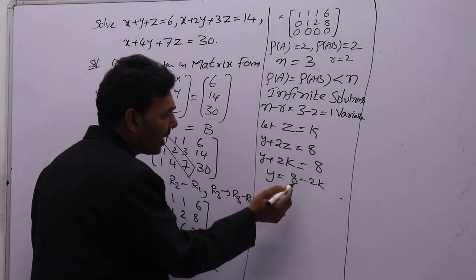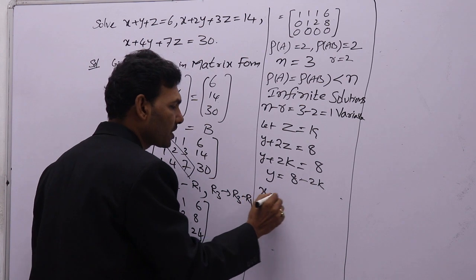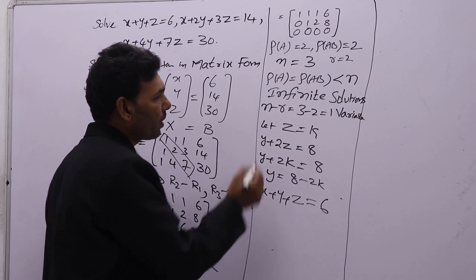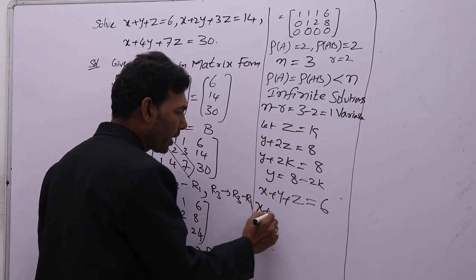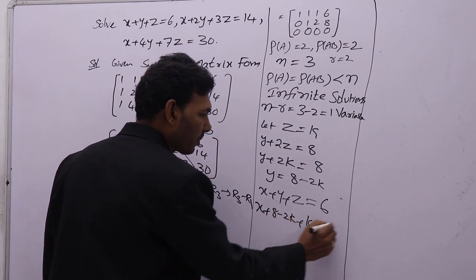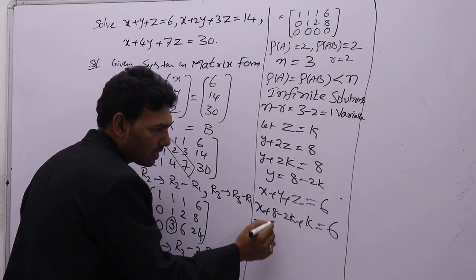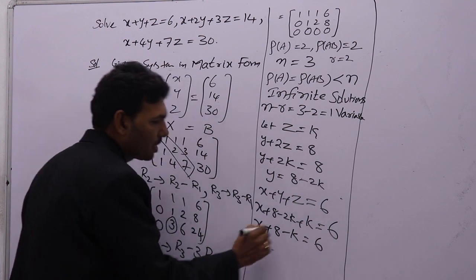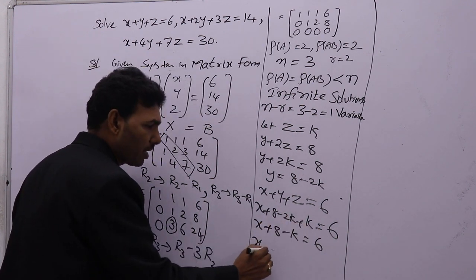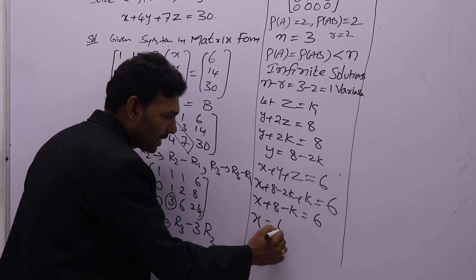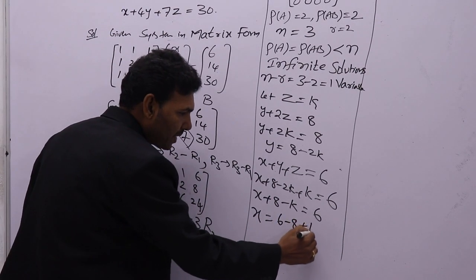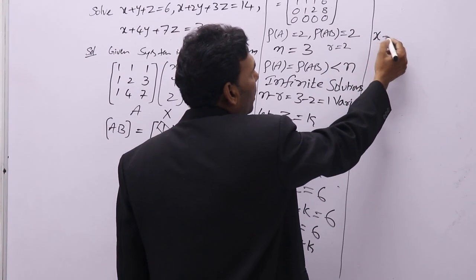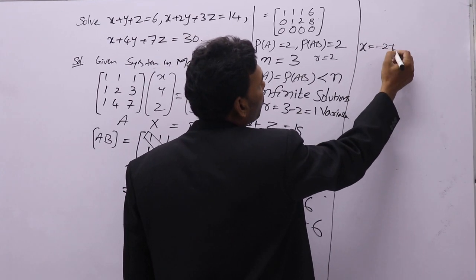Now substitute the z value and y value in the first equation. What is the first equation? x plus y plus z equals 6. Write in place of y the value 8 minus 2k, and z is k. So x plus 8 minus 2k plus k equals 6. Now send these terms to the other side: x equals 6 minus 8 plus k, which is minus 2 plus k.